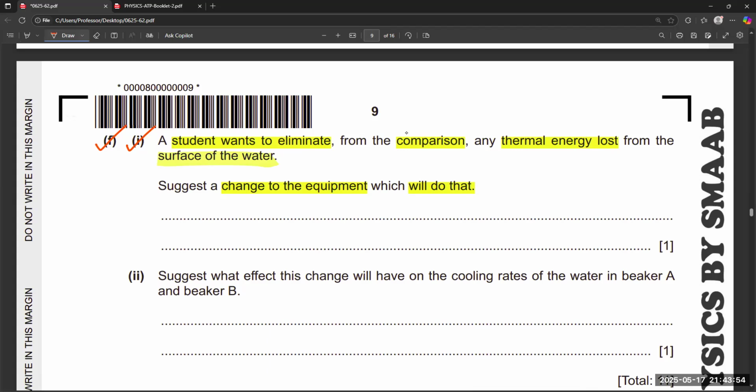So definitely we need to cover the beaker, because if we do not cover the beaker, the thermal energy transfers to the surroundings also. So we have to use a lid or cover on the beaker.